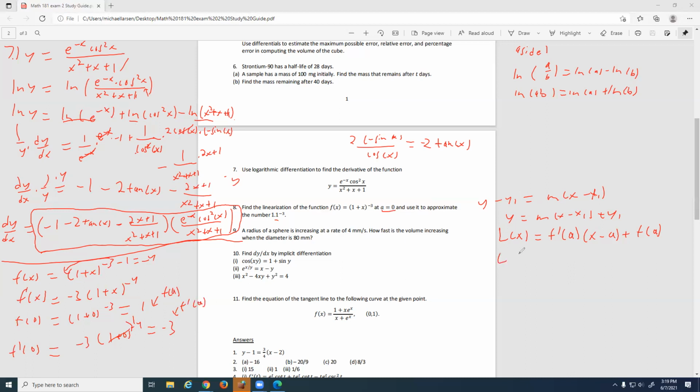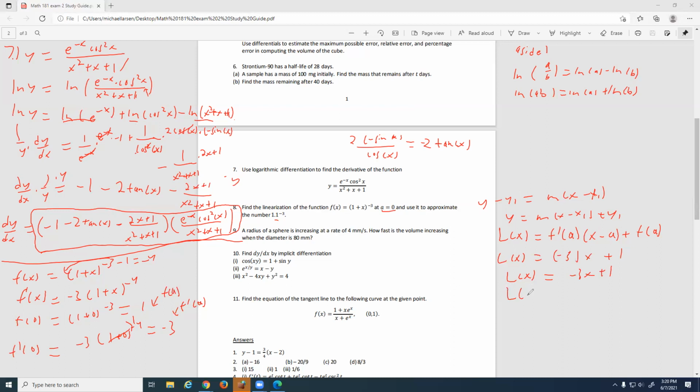So L of x is equal to f prime of a, which is minus 3, times x minus a, which is just x minus 0, or just x, plus f at a, which we calculated to be 1. So our full linearization is minus 3x plus 1. Now all we have to do is plug in the number we're approximating, 1.1 to the minus 3.